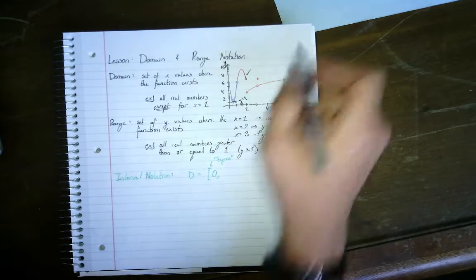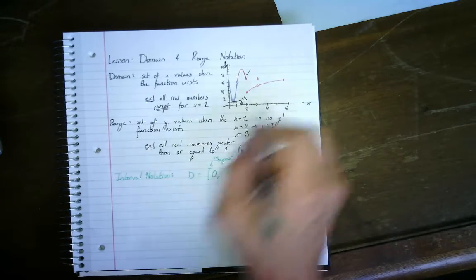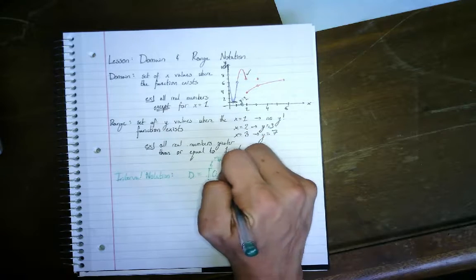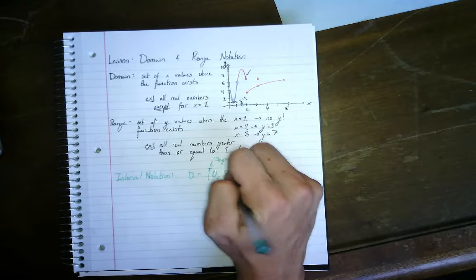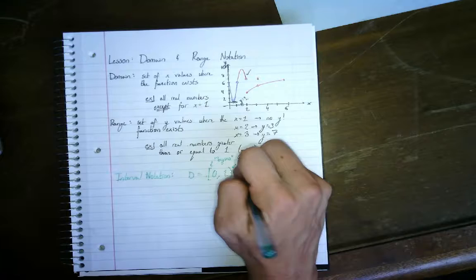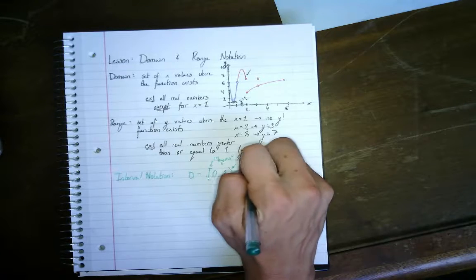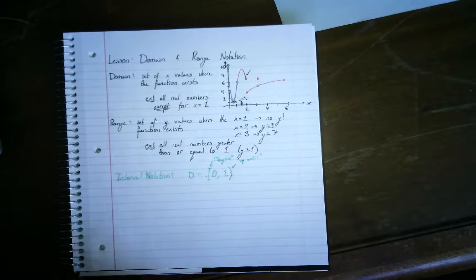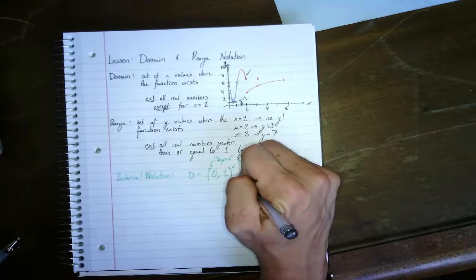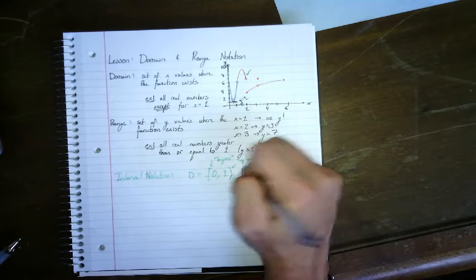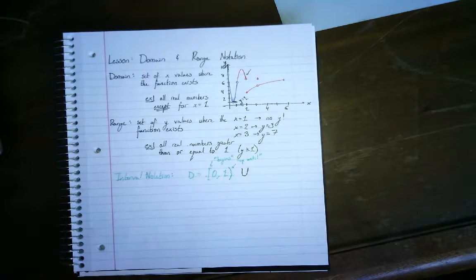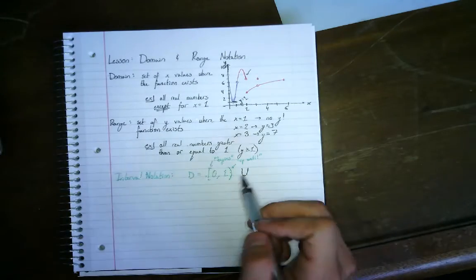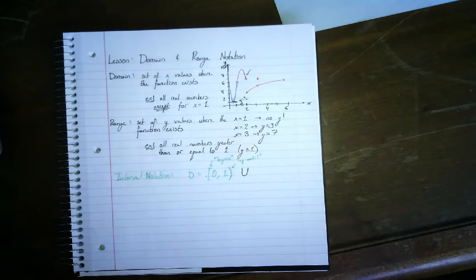Well, we just said that when x equals 1, there's no y, so we can't include that in our domain. So what we do is close it with a parenthesis. This means up until. Finally, we're going to use this fancy notation, the union symbol. This is a thing that comes from set theory. This means and, or you're combining two domains.